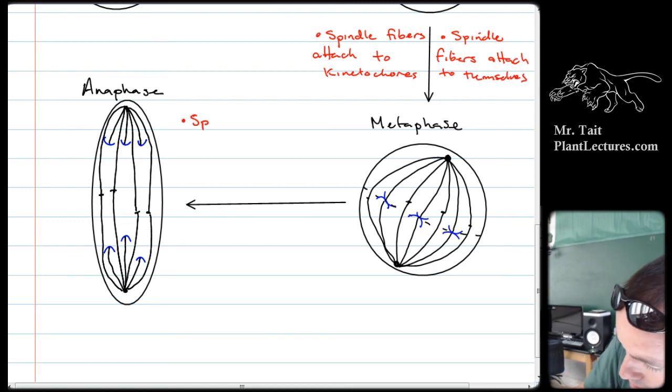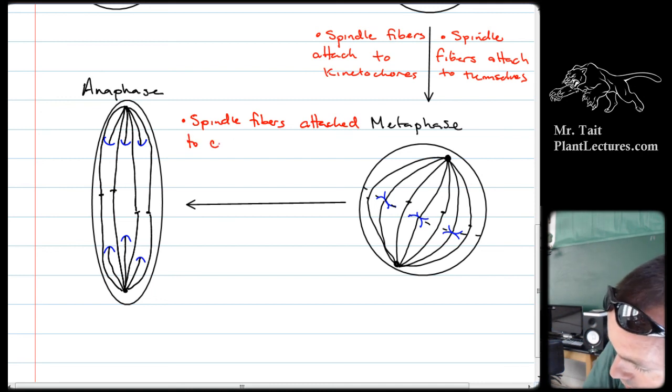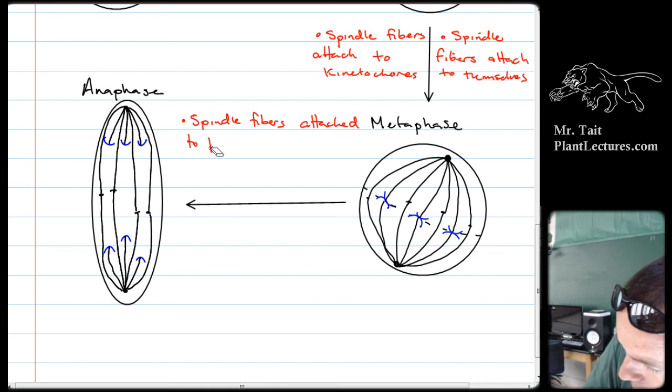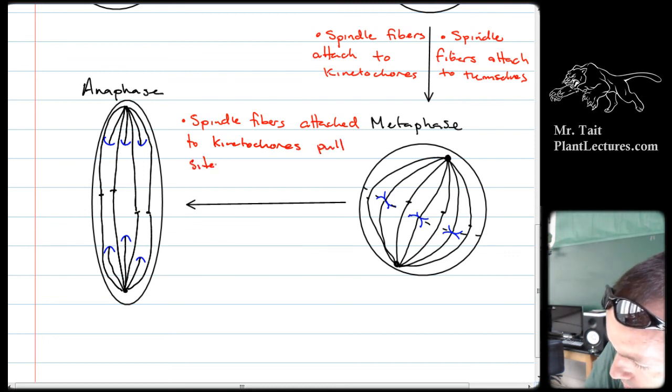So spindle fibers attached to kinetochores pull sister chromatids apart.